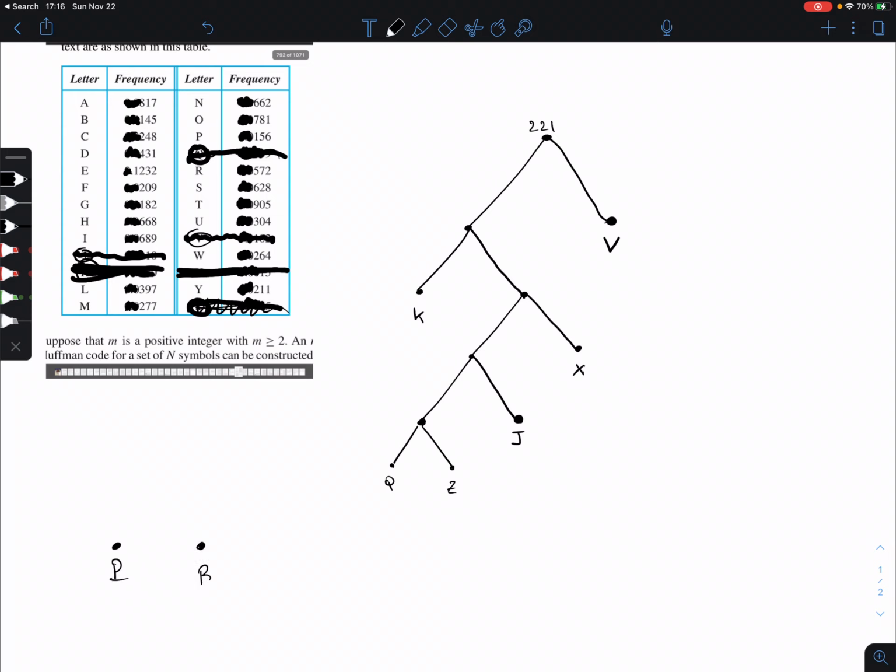P and B, so B was 145, P is 156. If I add these, that is 290, 301. Good. So there goes B and there goes P. Okay.